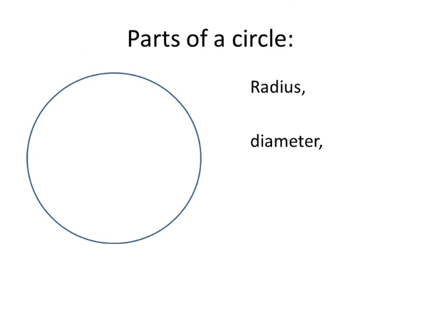Parts of a circle, just to review: the radius is from the center of your circle out to any of the sides. That's your radius. The diameter goes through the center, all the way across to the opposite side of the circle.